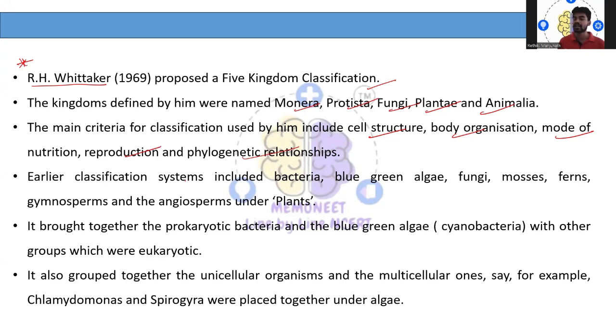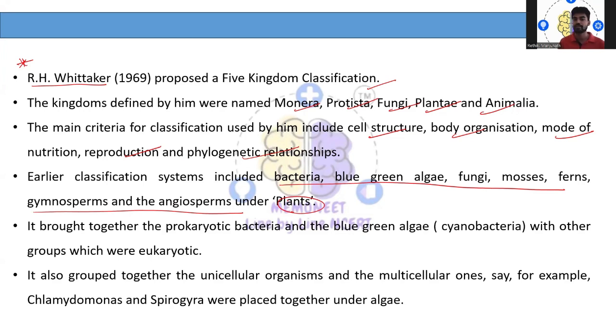Earlier, the classification system included bacteria, blue-green algae, fungi, mosses, ferns, gymnosperms and angiosperms, all placed under the kingdom plant itself. But later on, they were made separate.